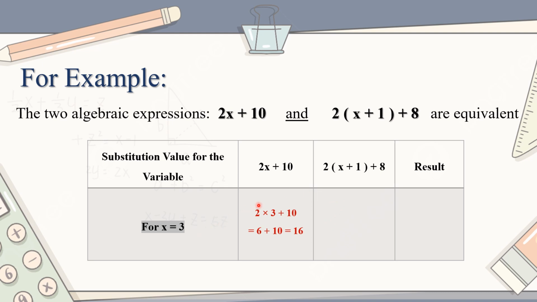And we will substitute with 3 in the next expression. We will get 2 multiplied by 3 plus 1, all plus 8. So 2 times 4 plus 8. As the first step, 2 times 4 equals 8, plus 8 equals 16. So the result here is the same.